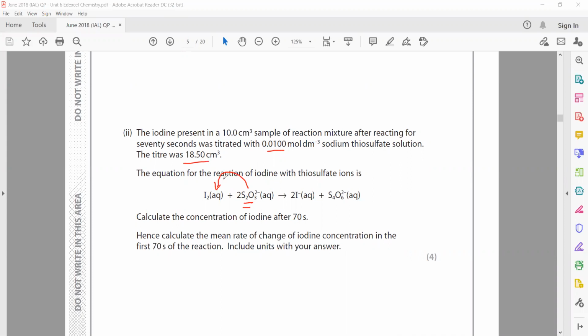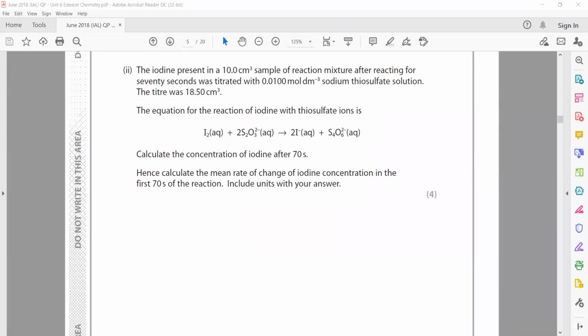To calculate the rate, it is the change in concentration divided by time. So the original concentration of iodine when mixed with the other substances, minus the new concentration after 70 seconds, divided by the time interval. Moles of thiosulfate equal concentration times volume: 0.01 multiplied by 18.5 divided by 1000.